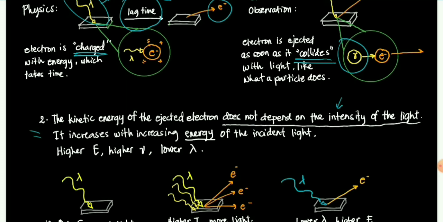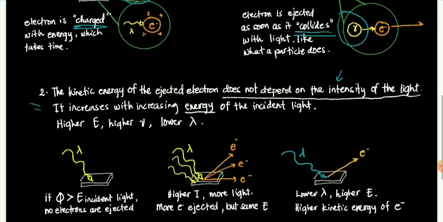Okay? So, this is characteristic of particles. Why? Because even if there are only a few particles, if the energy of the particles or if the speed or if the momentum of the particles are very large, the collision will be very effective or it will be effective enough to elbow out the electrons. Okay? So, hindi kailangan ng intensity doon.